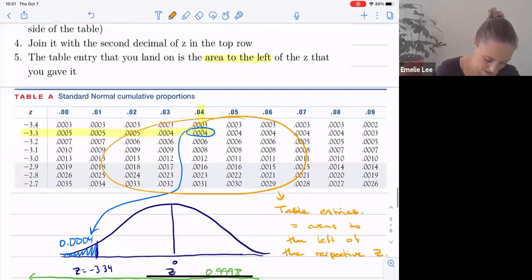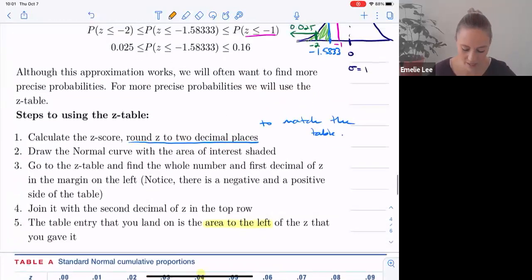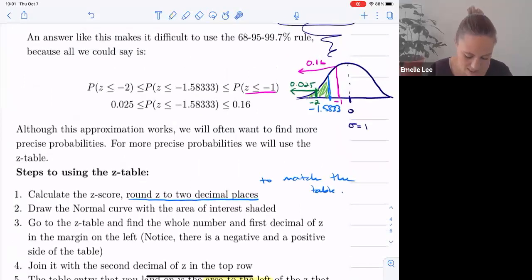But first, I think we were supposed to find, we had a Z. Oh yeah, we had that very unsatisfying Z. Negative 1.58, it's somewhere between 0.025 and 0.16. Fair enough. We want to whittle that down a little bit.